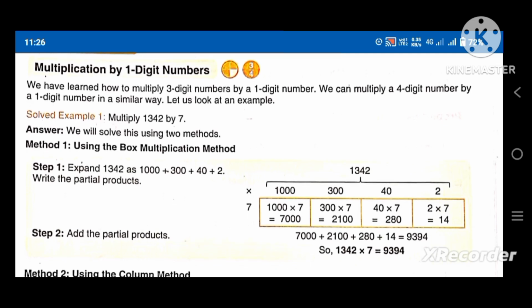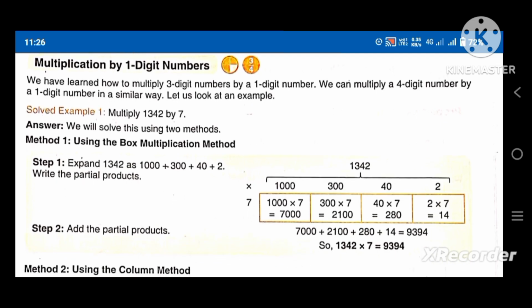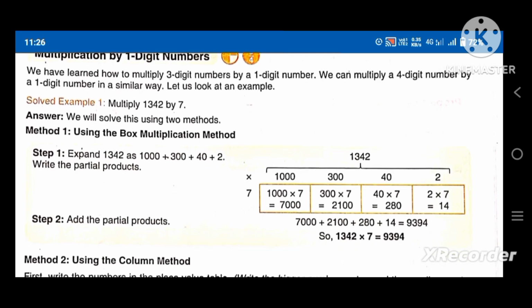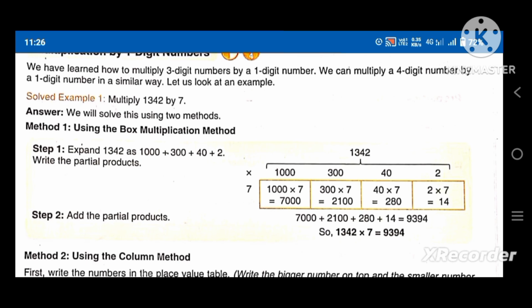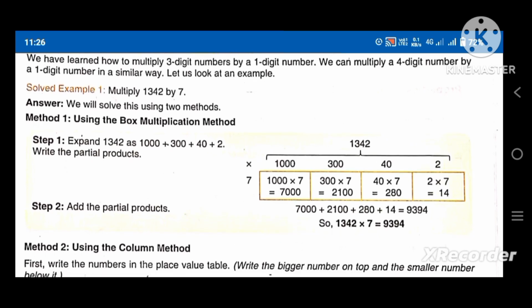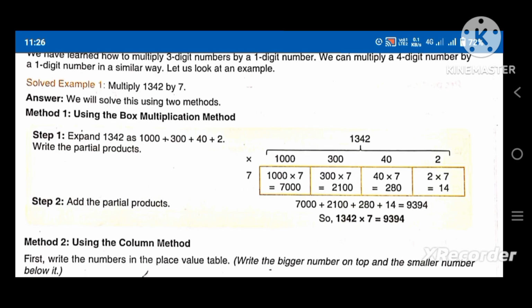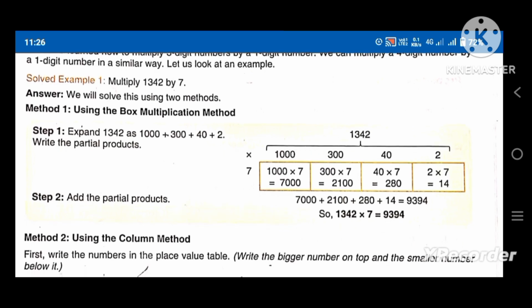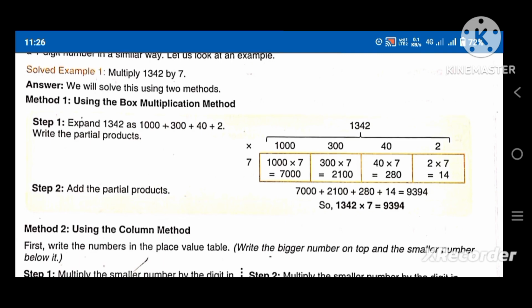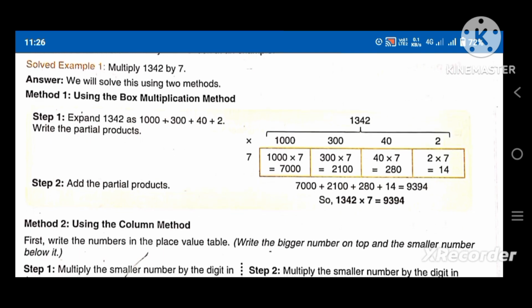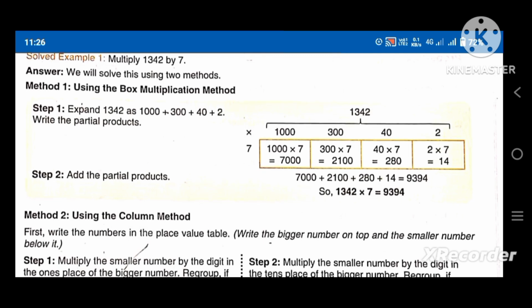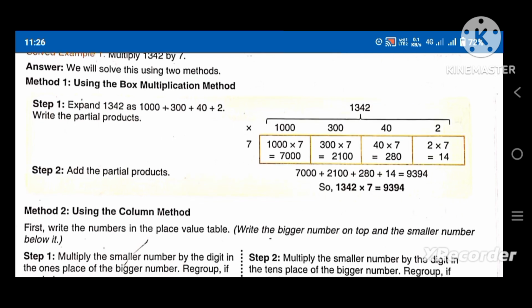Method 1, using the box multiplication method. Step 1, expand 1342 as 1000 plus 300 plus 40 plus 2. Write the partial products. 1000 into 7 is 7000. 300 into 7 is 2100. 40 into 7 is 280. 2 into 7 is 14.